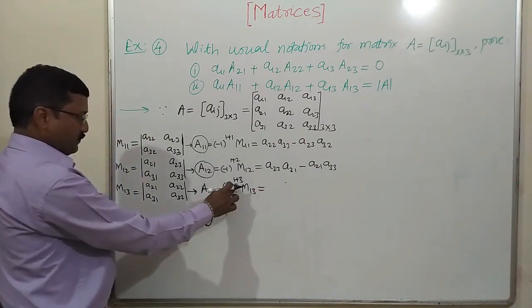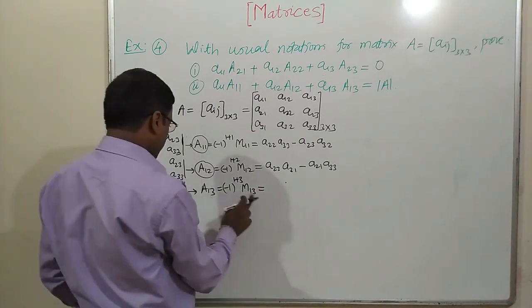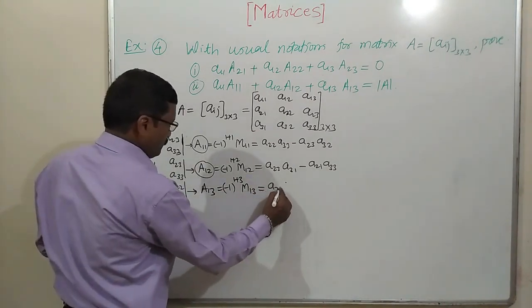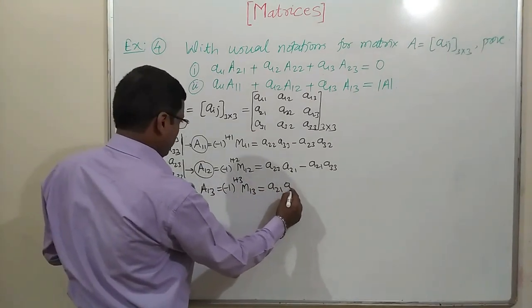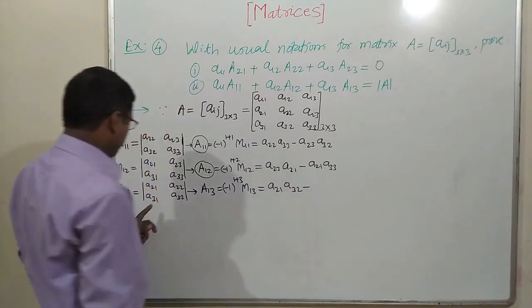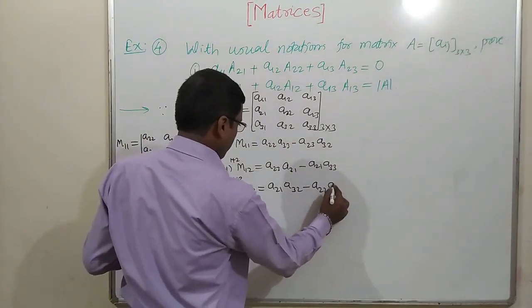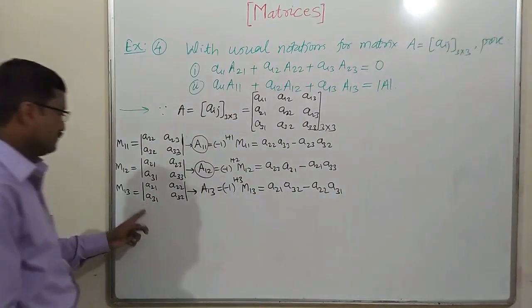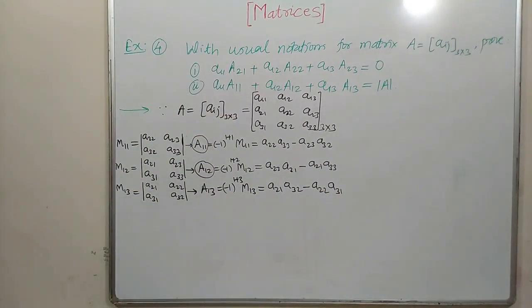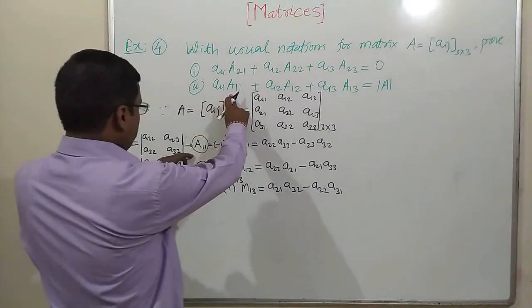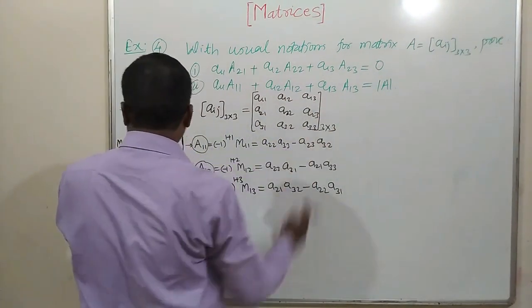Here 1 plus 3 is 4, so minus 1 raised to 4 is plus 1. So M13 as it is, that is a21 into a32 minus the product of these two, that is a22 a31. That is our A13. So these are A11, A12 and A13.